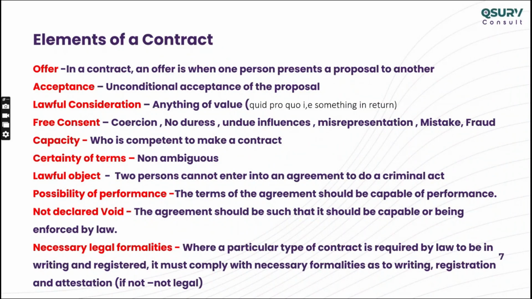Some persons are mentally retarded from birth itself. They have nervous issues or mental issues. Those persons are legally called idiots. Okay, those persons do not have the capacity to sign the contract. Then there is lunatic.